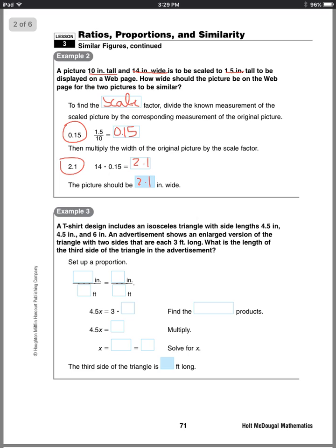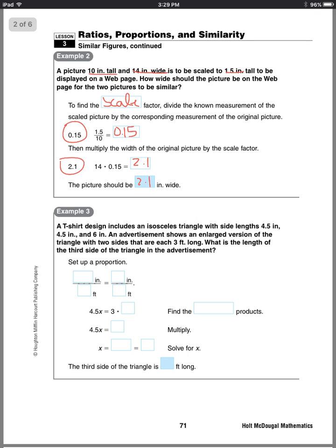A t-shirt design includes an isosceles triangle with side lengths 4.5 inches, 4.5 inches, and 6 inches. Remember that an isosceles triangle has two sides that are the same length. An advertisement shows an enlarged version of the triangle with two sides that are each 3 feet long. What is the length of the third side of the triangle in the advertisement?